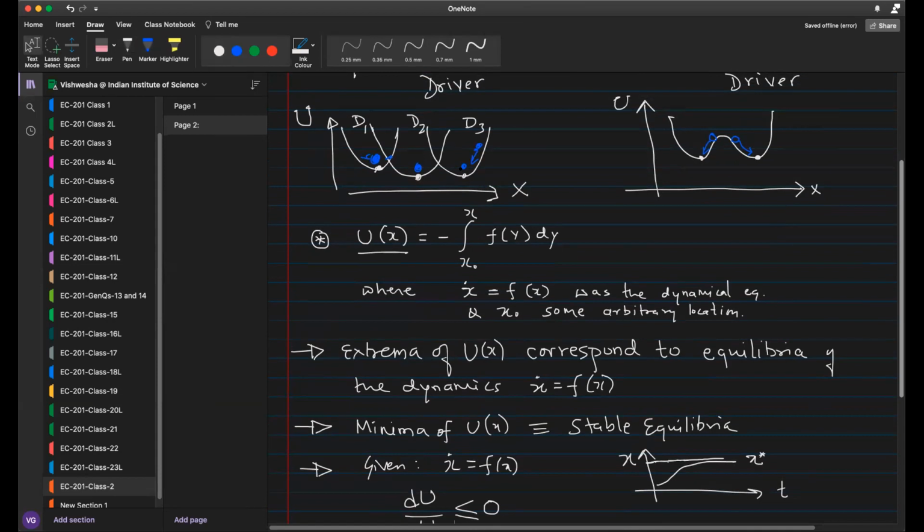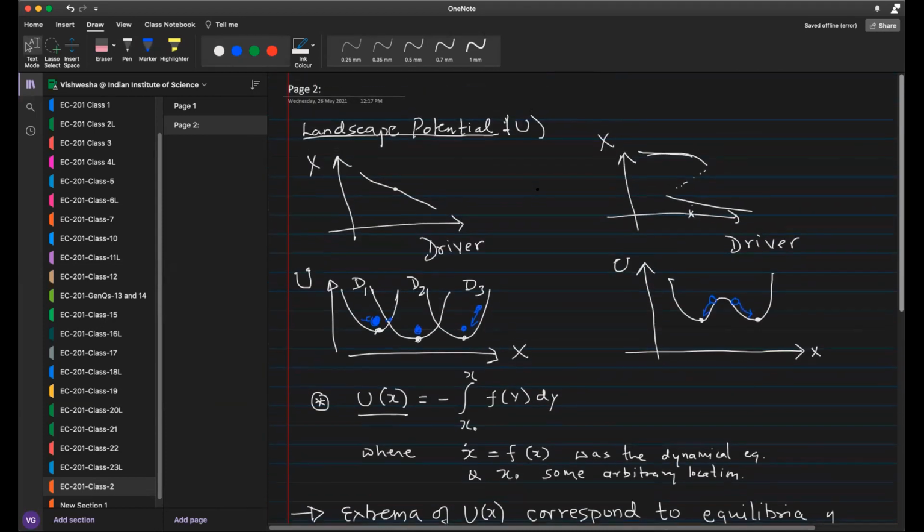Let me ask you a question in terms of f, there you have better intuition. Let's say this is x and this is f, with f on the y-axis. Let's consider a hypothetical function like this.